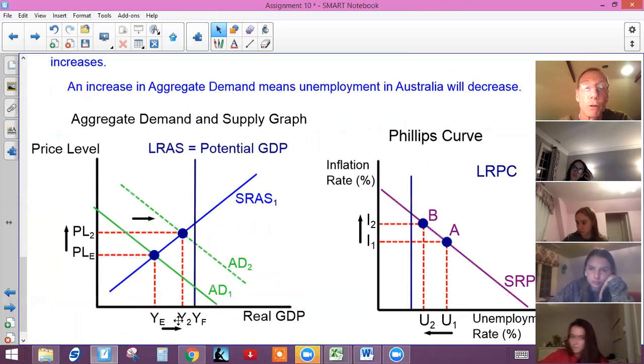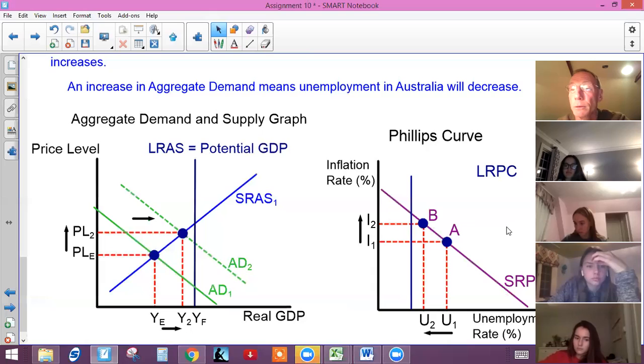When this shifts out, price levels go up, which means if we look at the Phillips curve over here, the inflation rate goes up because price levels are going up. And as we move closer to full employment, we're moving from point A to B, with less unemployment. So we have a shift to the right and a movement up and to the left.